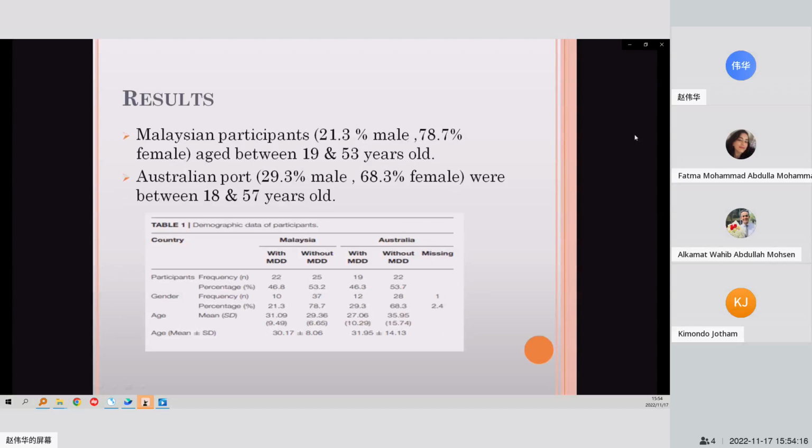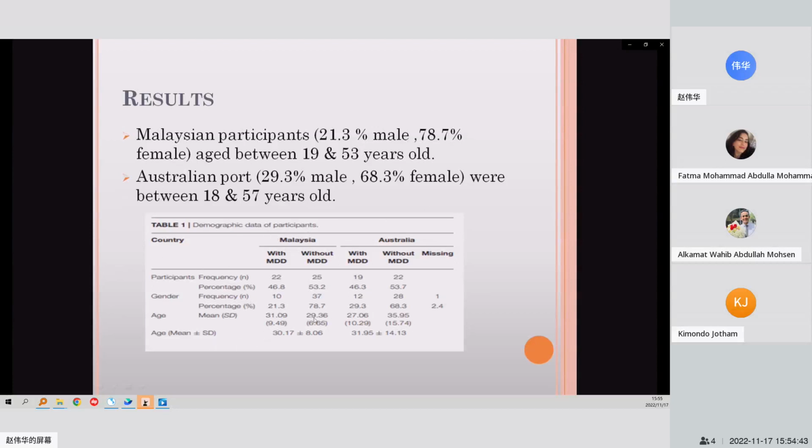In the Australian case, the age was between 18 and 57 years old, with 29.3% male and 68.3% female.